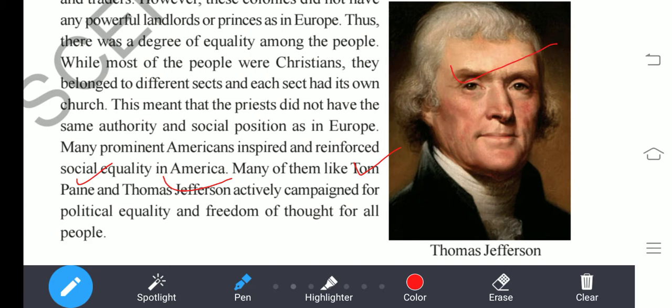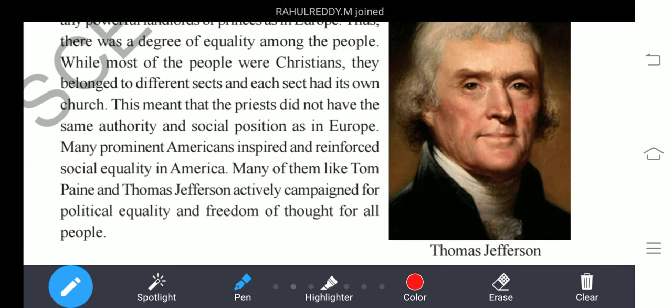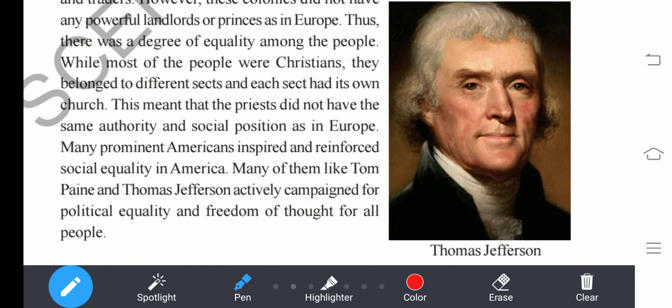These were the important persons who advocated political equality and freedom of thought for all people. In those days, there was no freedom for all the people. People did not enjoy freedom of thought in those days.